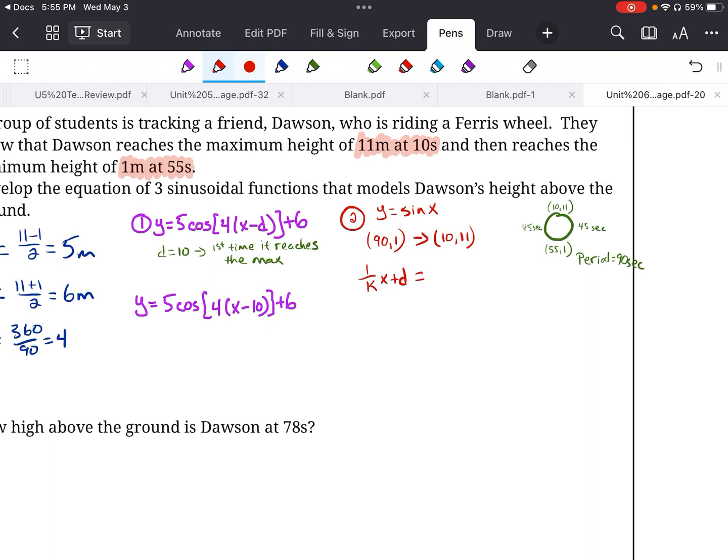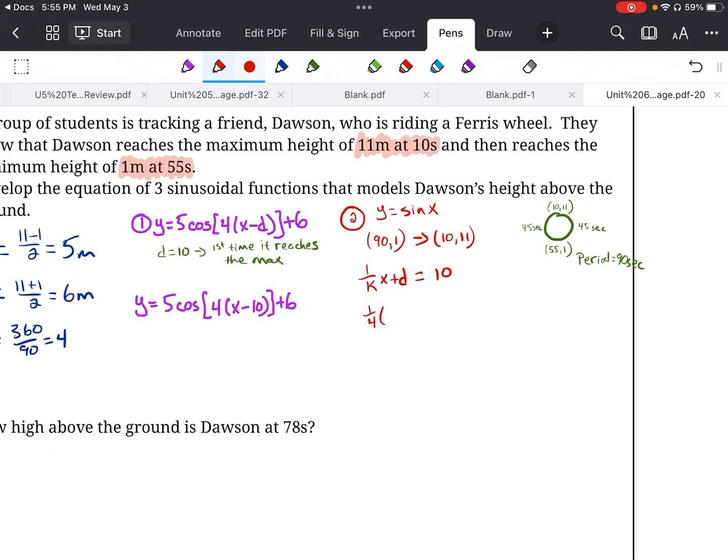So we can work with half of our mapping rule to find the new x value. And we know that it has to equal 10, because the maximum happens at 10. So our k value is 4.